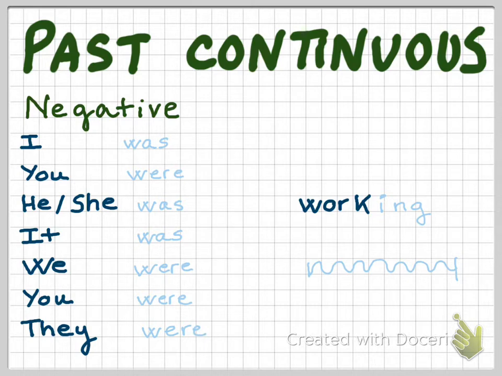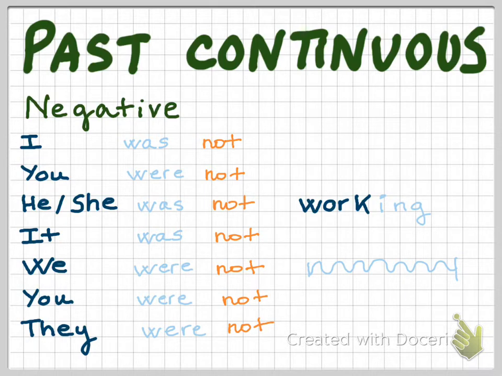To show that the action is negative, you need to add not. I was not, you were not, he was not, she was not, it was not, we were not, you were not, they were not walking.